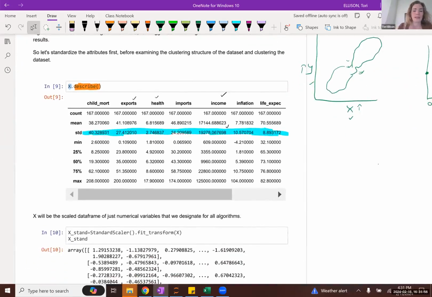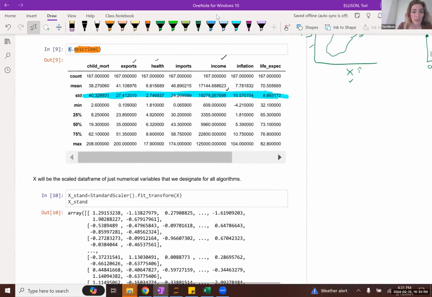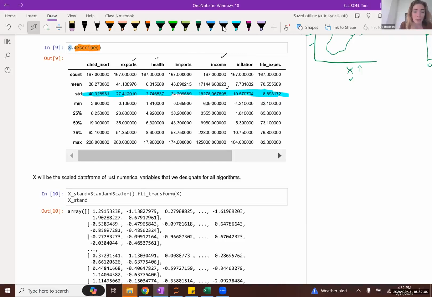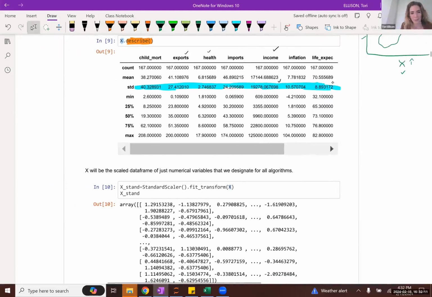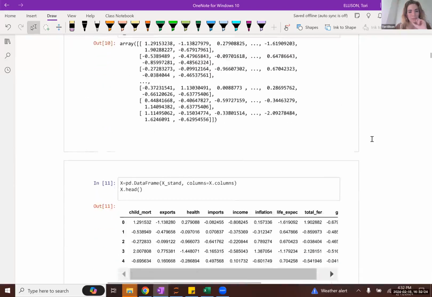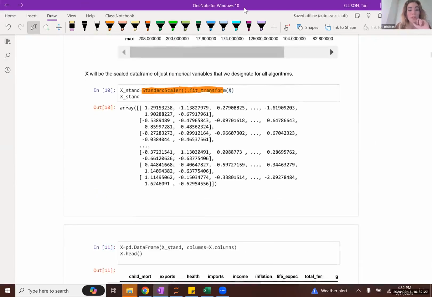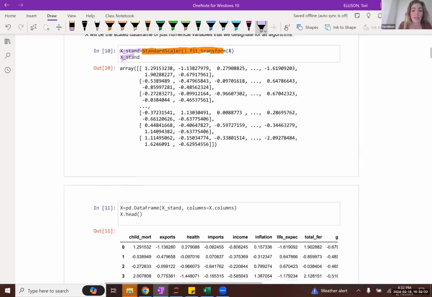Okay, I need to move on here. Because we don't want our results to be dominated by any one particular variable, we will scale our variables using z-score scaling. Basically, we will take each of our columns in the data set, subtract its respective column mean, and divide by its respective standard deviation. When you use the StandardScaler fit_transform function, it returns a NumPy array.